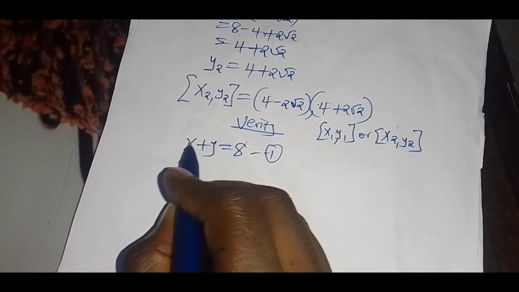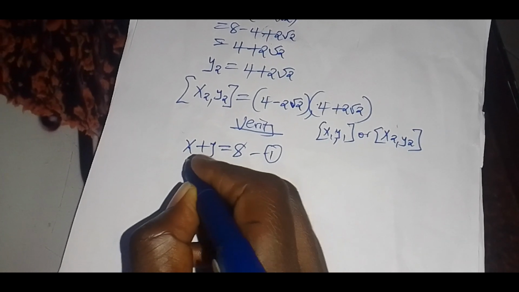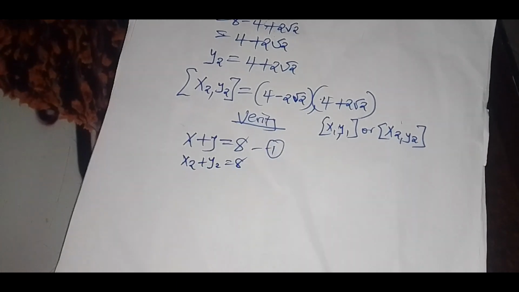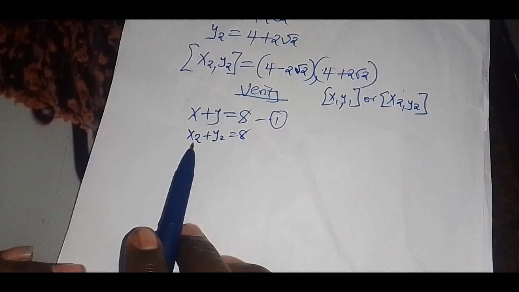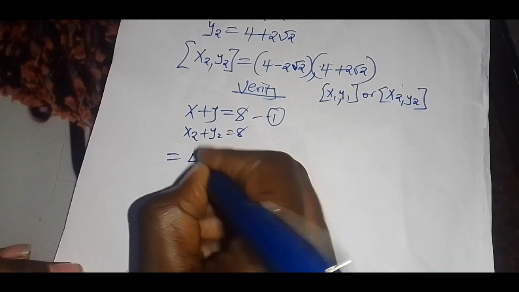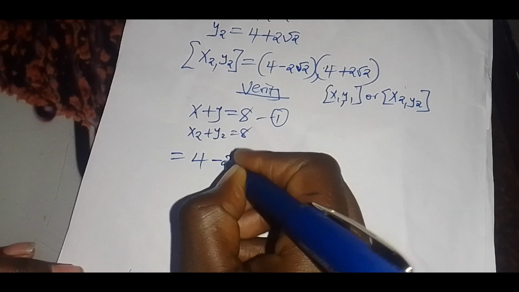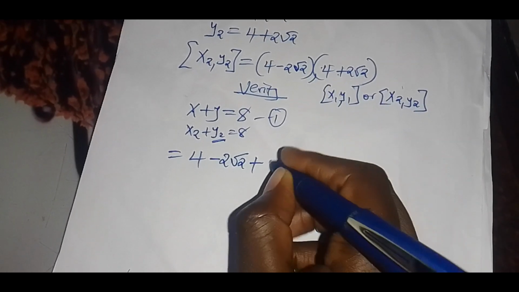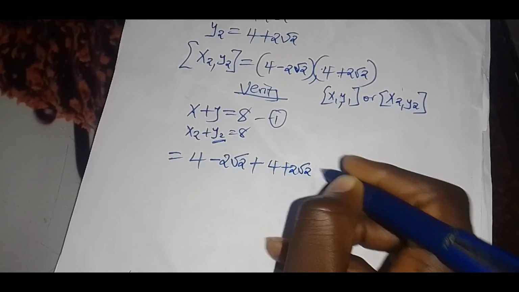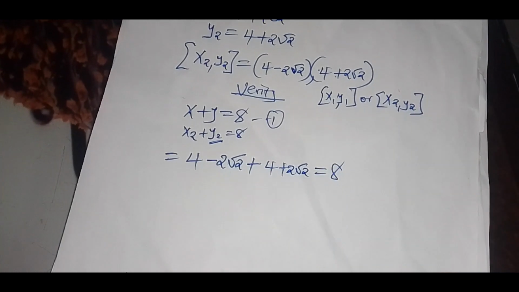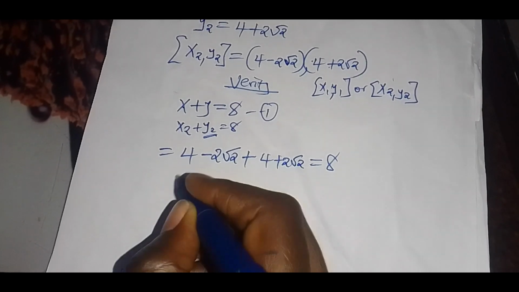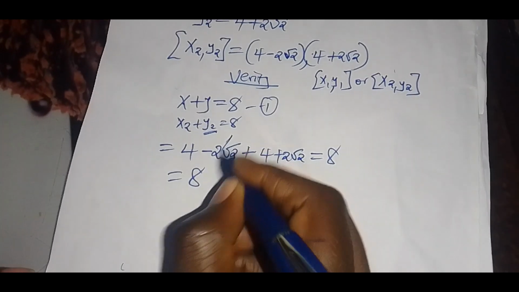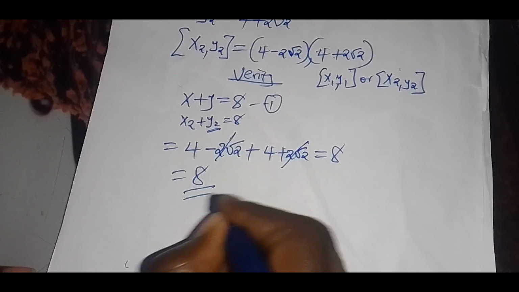So we substitute: x2 plus y2 should give you 8. Substituting x2, which is 4 minus 2 root 2, plus y2, which is 4 plus 2 root 2, is supposed to give us 8. So 4 plus 4 is exactly 8, and negative 2 root 2 plus 2 root 2 cancels out, and we remain with 8.